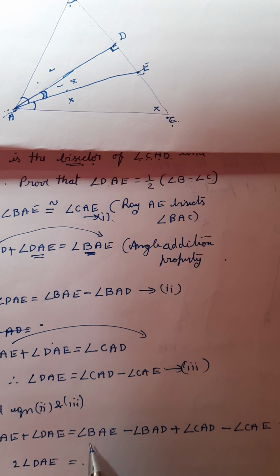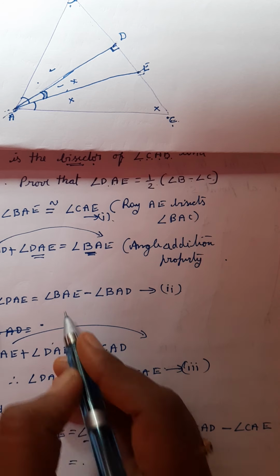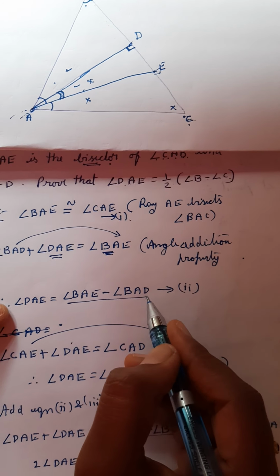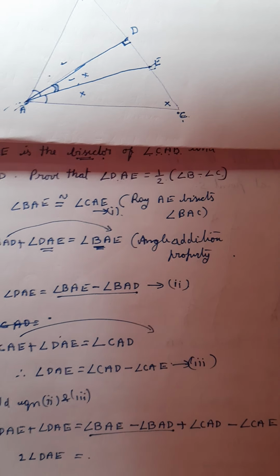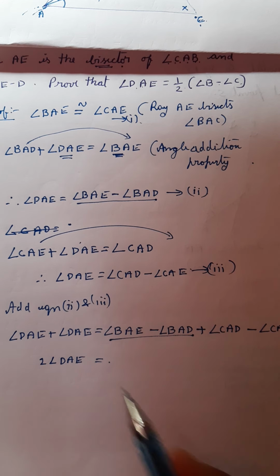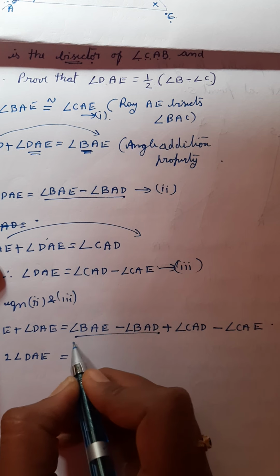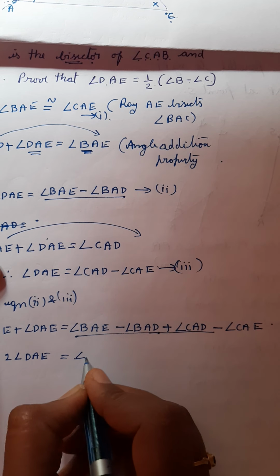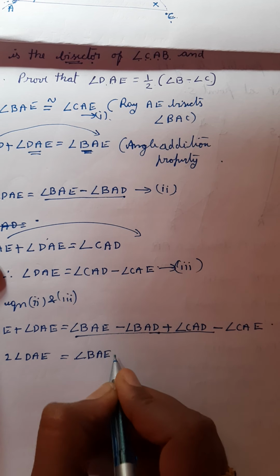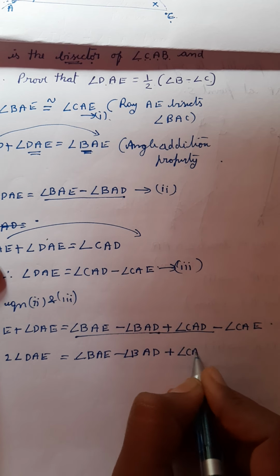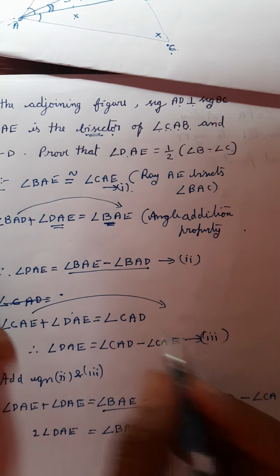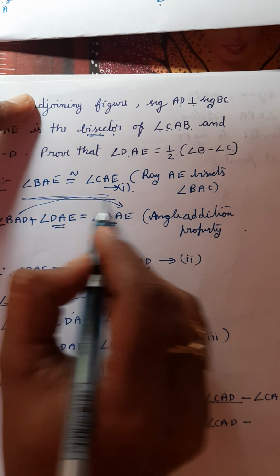BAE minus BAD is equal to angle DAE. So here 2 DAE, and from here to here we will write the same, BAE minus BAD plus CAD minus, see equation 1 here.